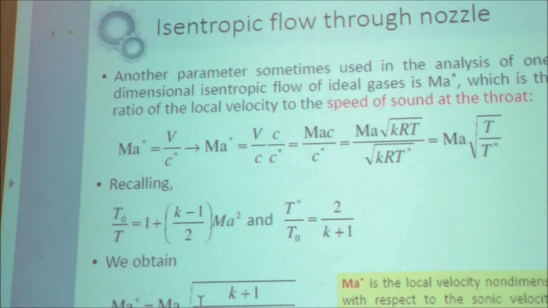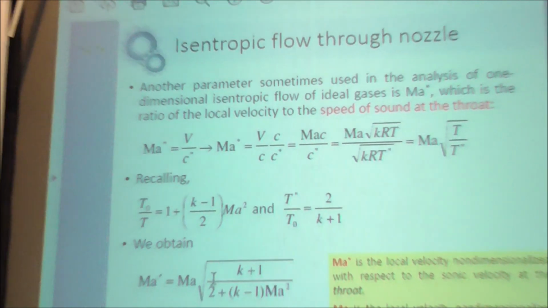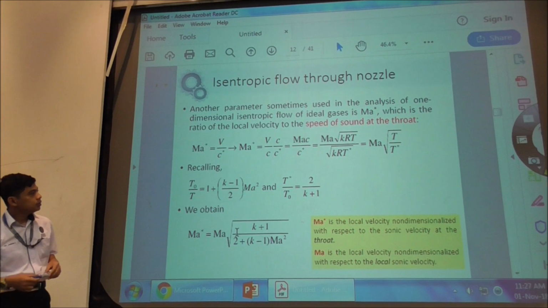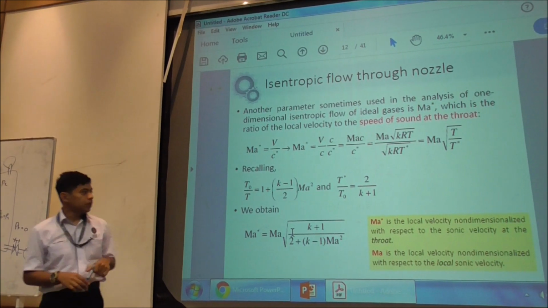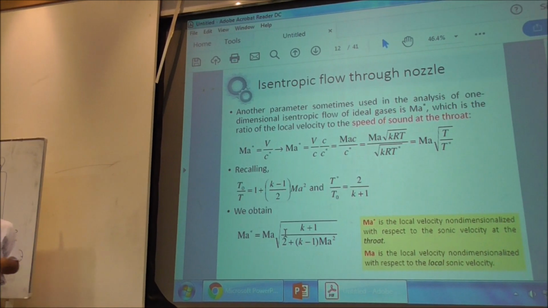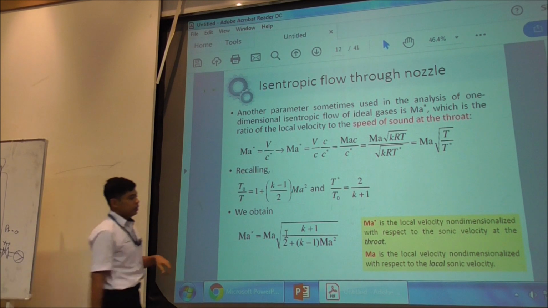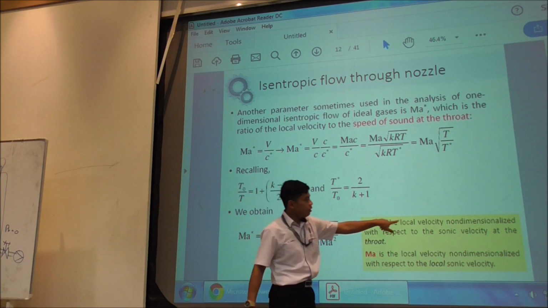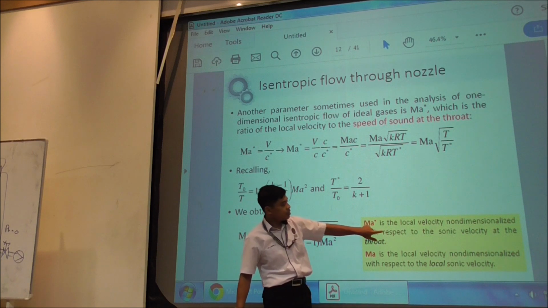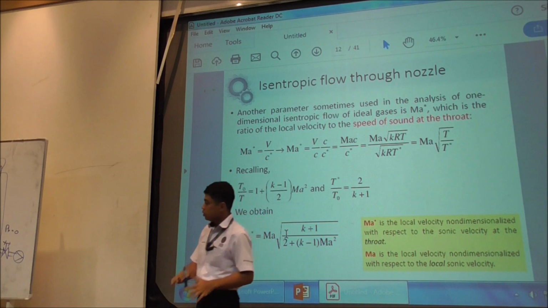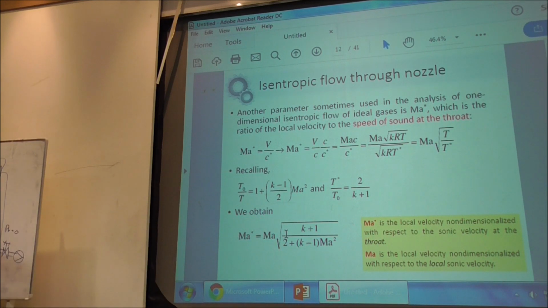Sometimes it is used, but it's not as widely used as the normal Mach number. This Mach star is the local velocity non-dimensionalized with respect to the speed of sound at the throat. So you use the condition at the throat to calculate C, and then your Mach number is V in this location divided by C at the throat location.